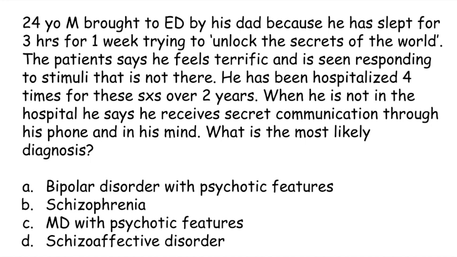So pause the video here if you want to figure out the answer for yourself. If not, the answer is option D, schizoaffective disorder. This patient is experiencing mania and psychosis. When they are not being treated for mania, they are experiencing psychotic features such as hallucinations.